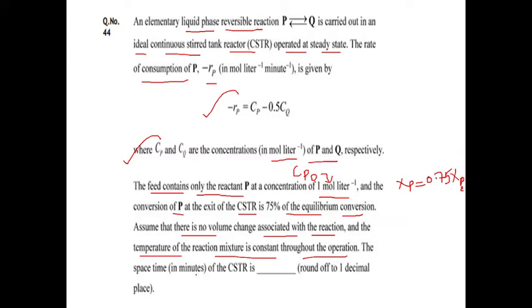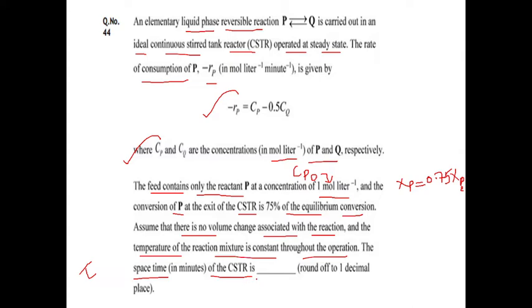The objective of this problem is to determine the space time of the CSTR. Space time is designated as tau, in minutes.